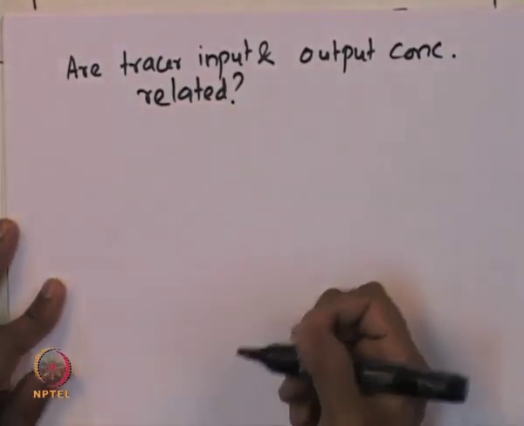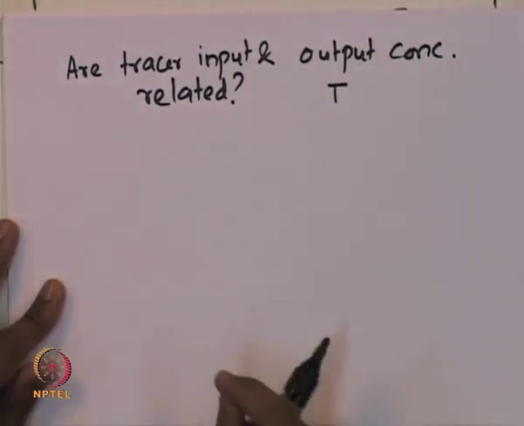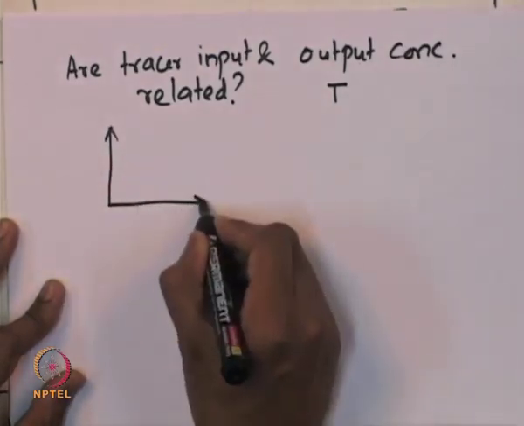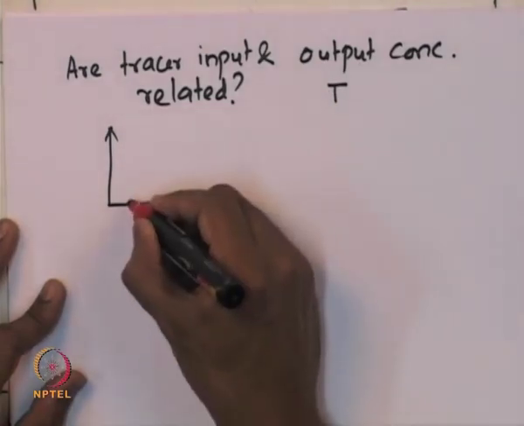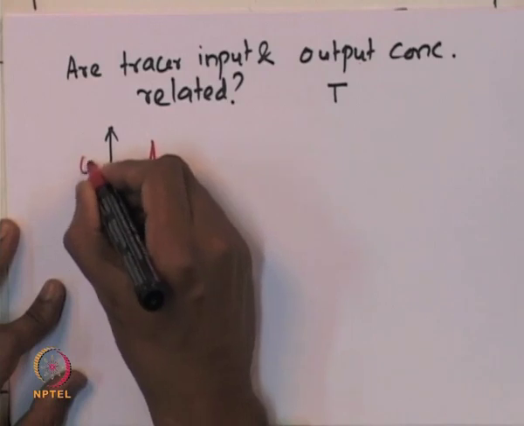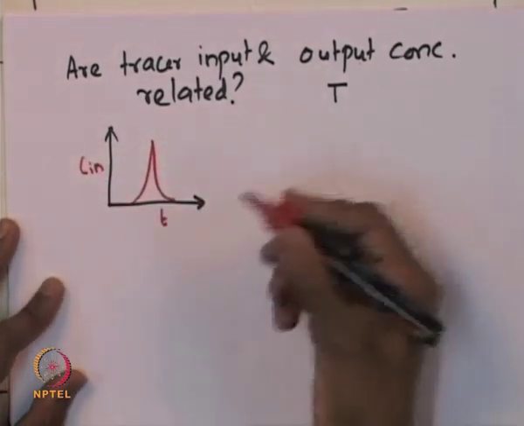Suppose T is the tracer that is fed into the reactor, and the input to the reactor is given by this function, the input concentration profile.